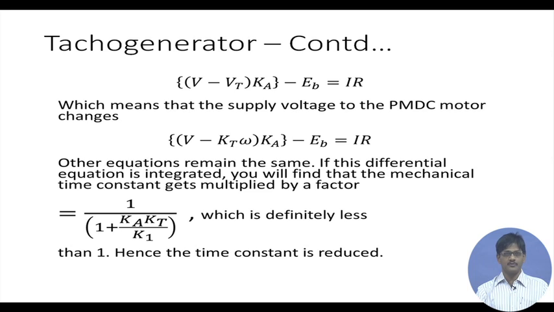It is a positive term. So, KA Kt by K1 is positive, and therefore, tau, when multiplied by this particular factor, will definitely become less. This way, it is shown mathematically that the incorporation of a tachogenerator tends to reduce the time constant and make the response of the system faster to any external stimulus like a step voltage.